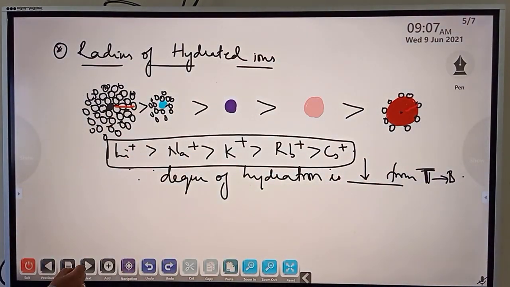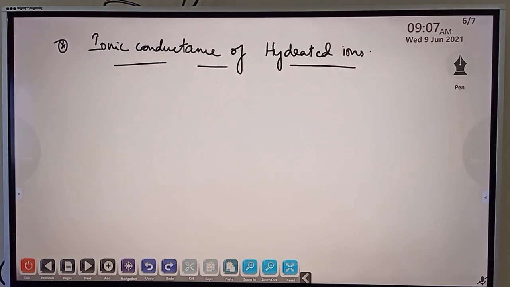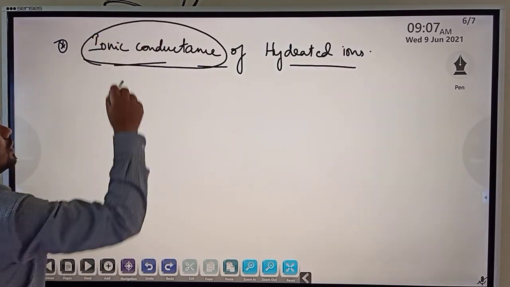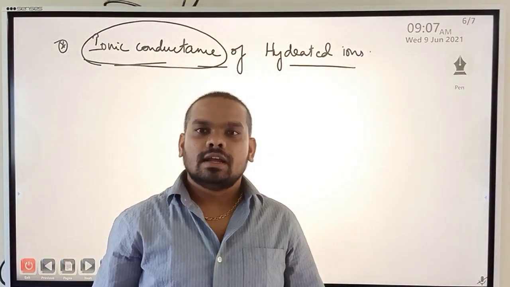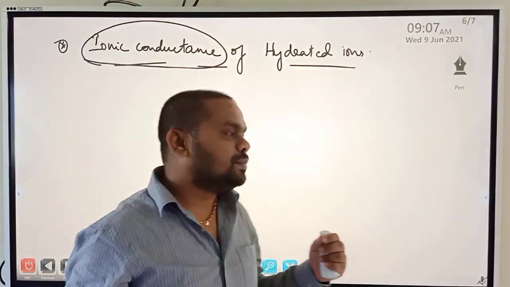Then next, ionic conductance of hydrated ions. Conductivity depends on the free movement of the particles. Remember this, whenever you talk about conductance, conductivity always depends upon free movement of the particles.